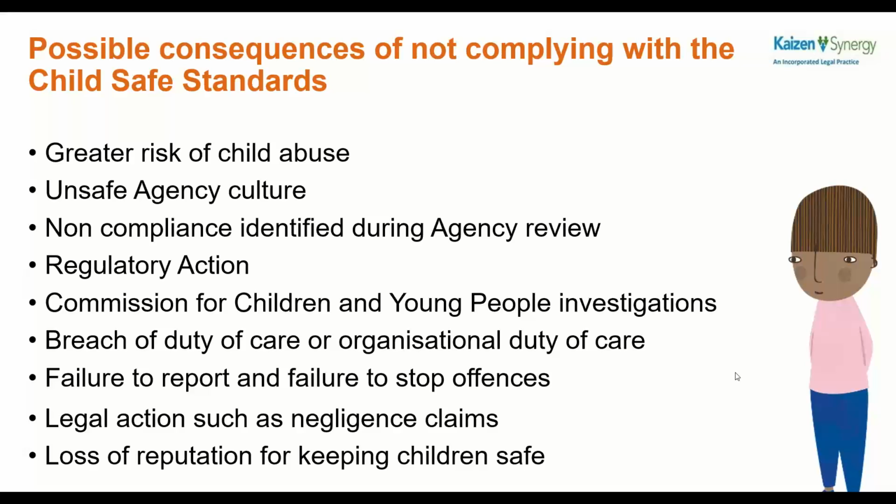There's also investigations by commissions for children and young people. But there's also legal breaches, which can include breach of duty of care by your agency, failure to stop and report offences, and also legal actions in negligence and loss of reputation. So the possible consequences for not complying with the child safe standards are significant.